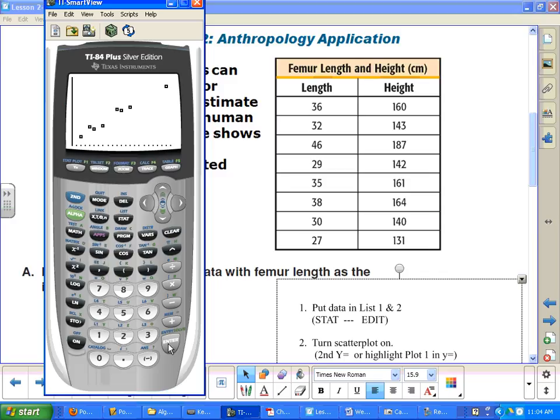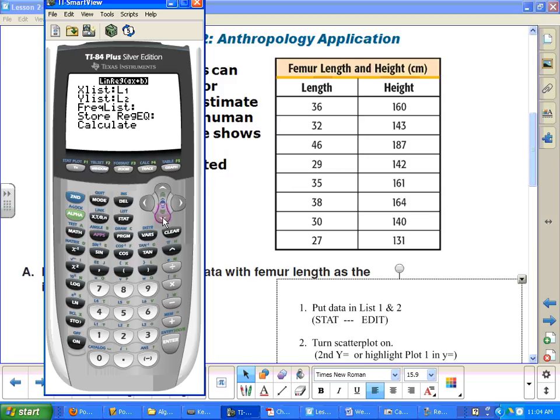Okay, yep. All right. So now we're going to go to Stat and over to Calc. And then we can do a lot of different regression here. We're going to do linear regression, number 4. So now it says List 1 is your X list. List 2 should be your Y list. And don't worry about frequency lists, but we want to store this line, the equation, in Y1.